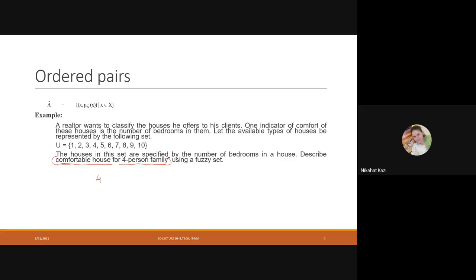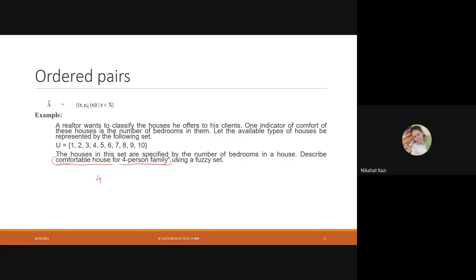But what could be the problem if the number of bedrooms increases? It becomes harder to maintain, so maintenance would be a problem. Accordingly, the membership value will decrease as the number of bedrooms increases. Similarly, if the number of bedrooms decreases, it will be difficult to adjust in that house, and the comfort level will be less.